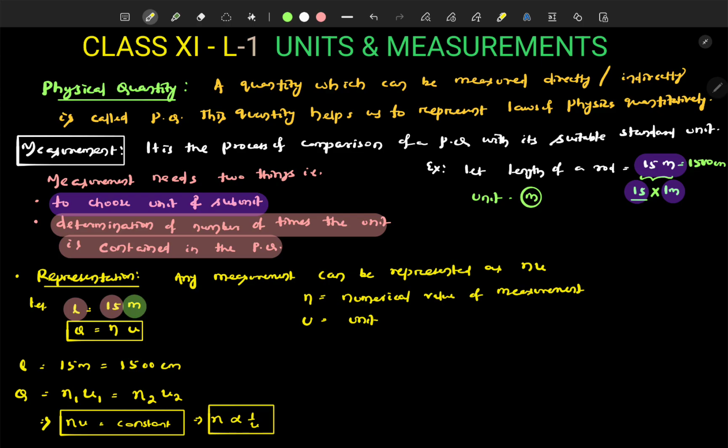It means the more the numerical value, the lesser the unit. And what is the graph related to N and U? As they are inversely related to each other, suppose this axis is N and this is U. The nature of the graph is a rectangular hyperbola.